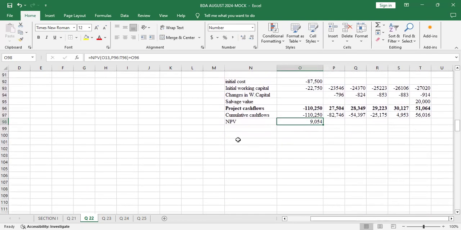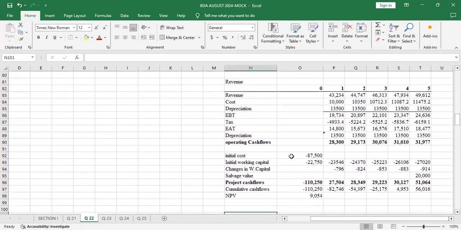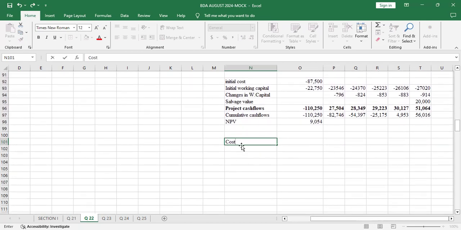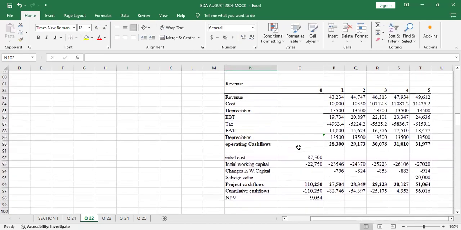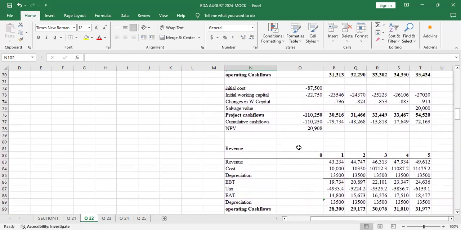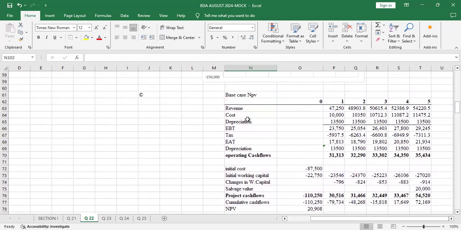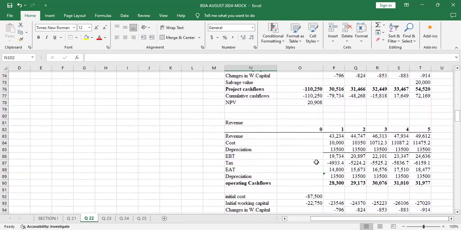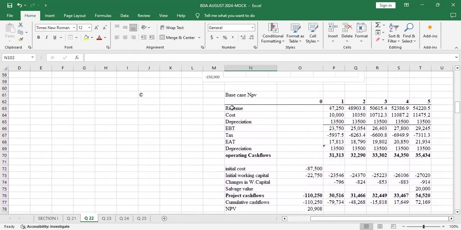So I'll do the same to cost. I'll copy that information once again. Yeah, I'll just copy the information from the base case. Don't copy this to vary cost, you copy from the base case.